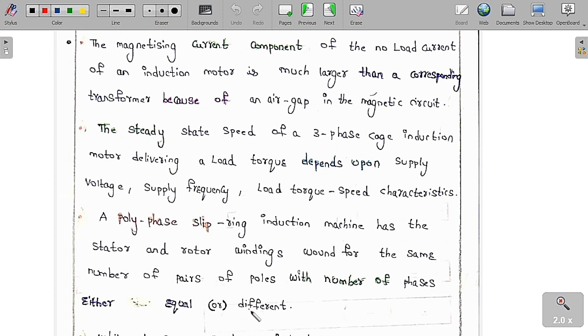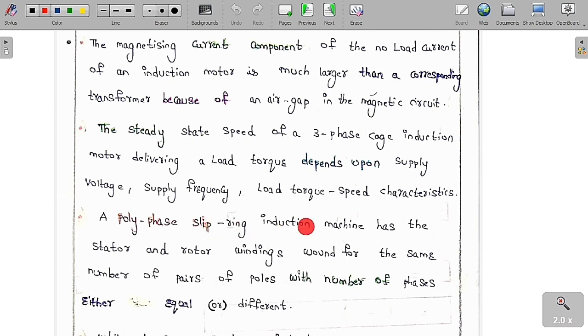But it is not compulsory to have the same phases. Phases can be same or different, but the poles should always be the same. This is a very basic point that you always have to keep in your mind. Whenever the poles are the same, then torque is produced; otherwise, torque is not produced at all. But the number of phases on the stator and the rotor may be the same or different. It doesn't matter.